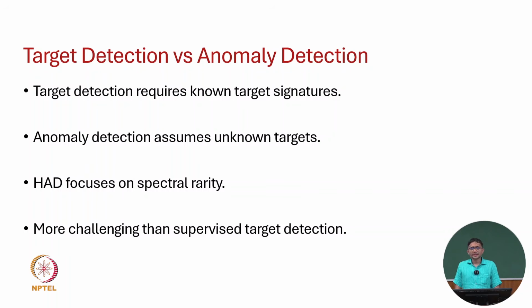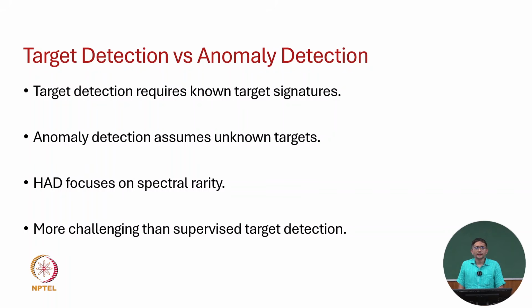With this, let us again emphasize the differences between target detection versus anomaly detection. In the case of target detection, the usual assumption is that we are working with a known target signature and we are trying to match this target signature to our given ROI.